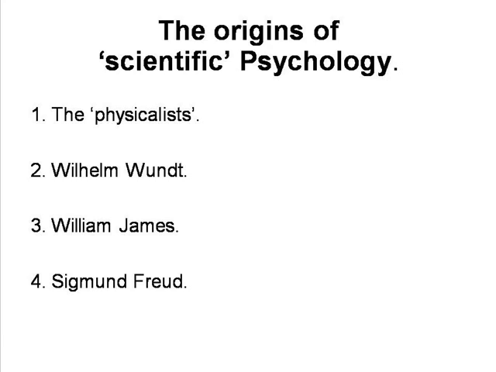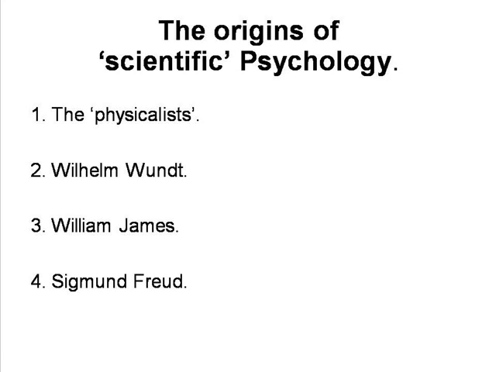In the section on the origins of scientific psychology, we have 7 chapters. The Physicalists, those practical experimenters from the late 18th century onwards, who mapped out the basic knowledge of the anatomy and functioning of the brain and of the nervous system in general.